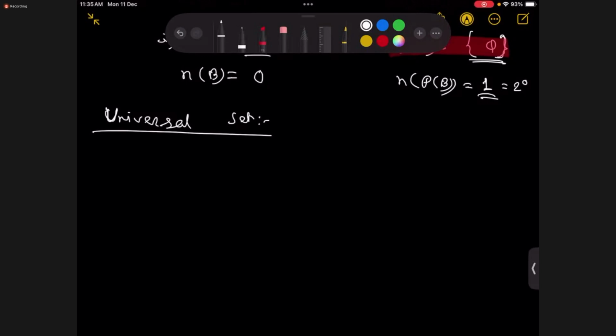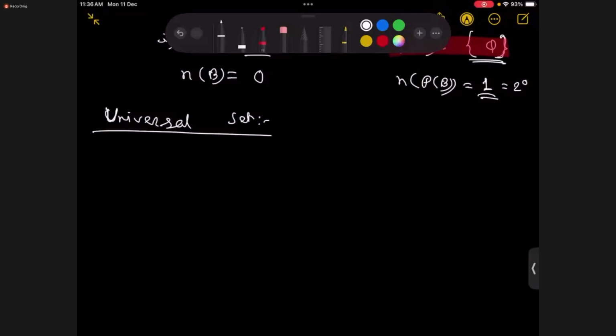We are all familiar with the term universe, as we are all members of the universe of Earth, planets, and we know that universe means the whole total: our Earth and all the planetary systems and all the stars. We call it the universe. Similarly, we talk about a universal set for some given set.